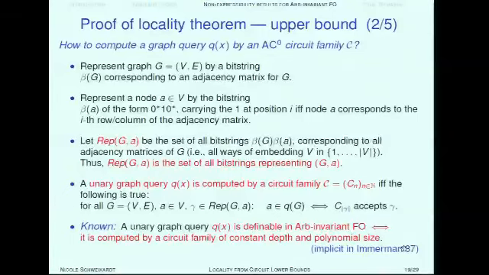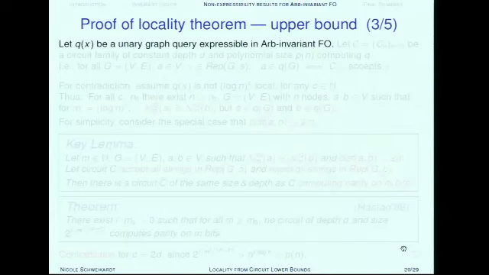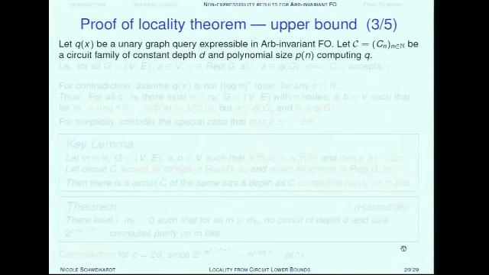Now we know from Immerman that a unary graph query Q of x is definable in ARP invariant first order logic if and only if it is computed, in this sense, by a circuit family of constant depth and polynomial size. So now we want to prove this locality result. Let Q of x be a unary graph query expressible in ARP invariant FO.